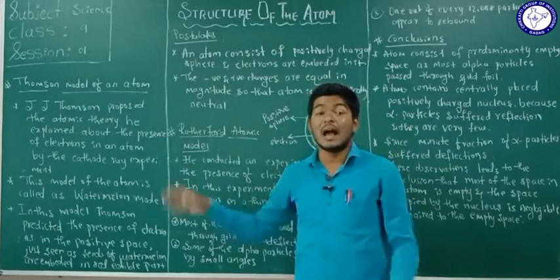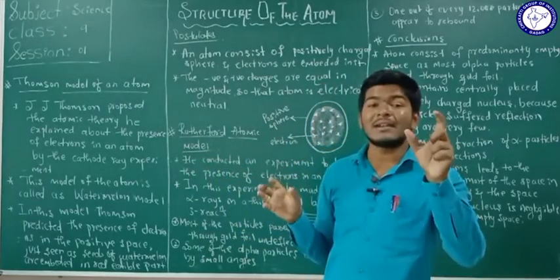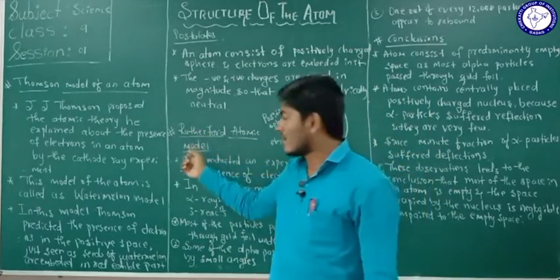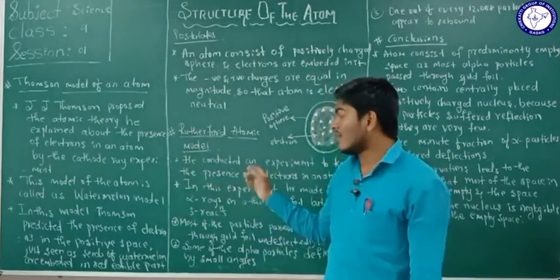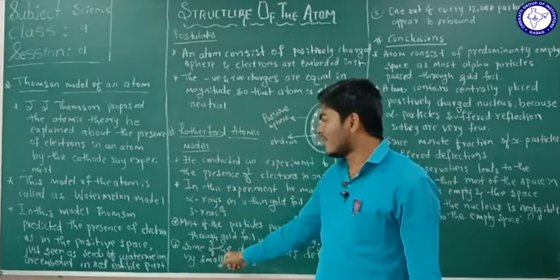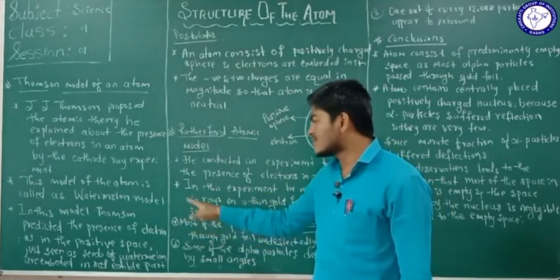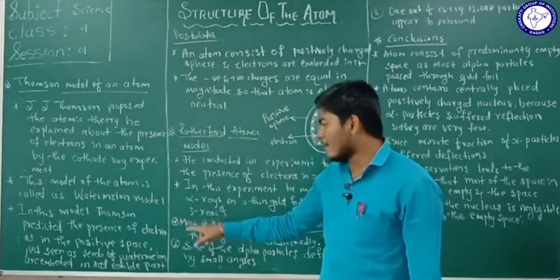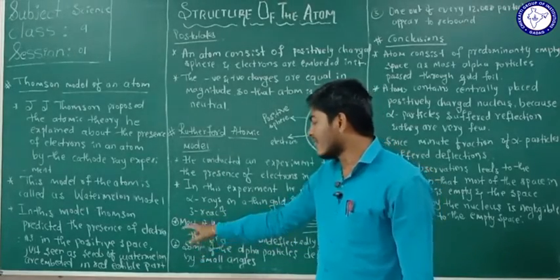Why? Because according to him, an atom just looks like a watermelon. In this model, Thomson predicted the presence of electrons in the positive space, just as the seeds of a watermelon are embedded in its red edible part.